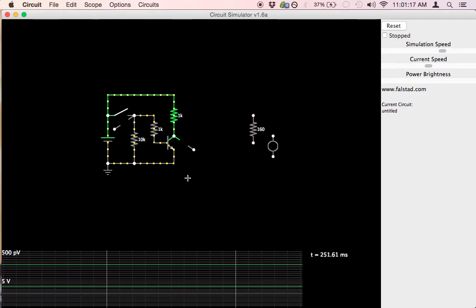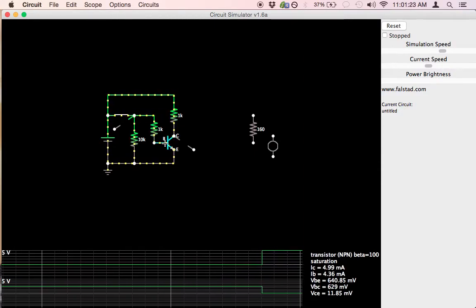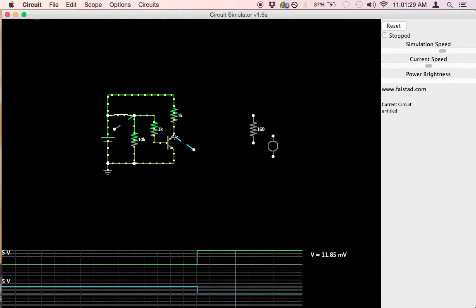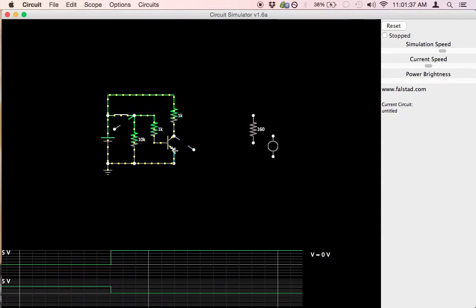When we turn the transistor on by closing the switch, a small amount of current flows into the base, and that turns the transistor on. Because the transistor is on, the collector is tied to the emitter internally. They're connected together, and therefore the collector is basically connected to the ground or the negative terminal of the supply, which is what the emitter is connected to.